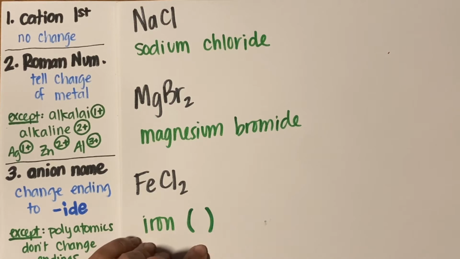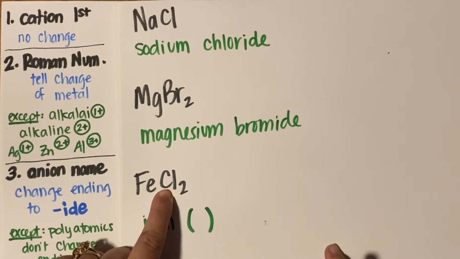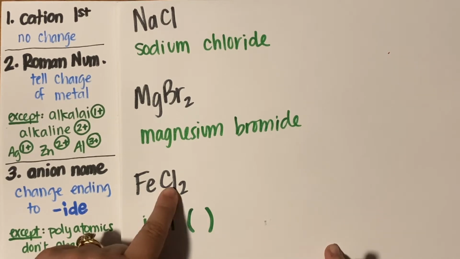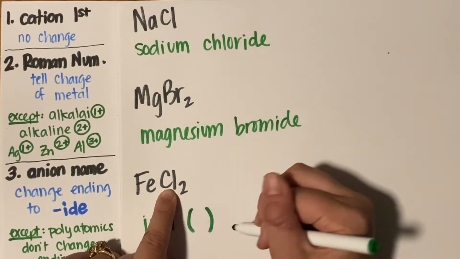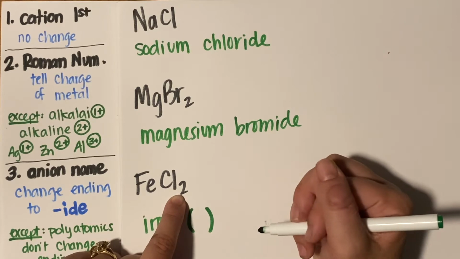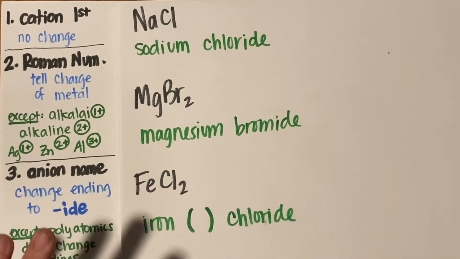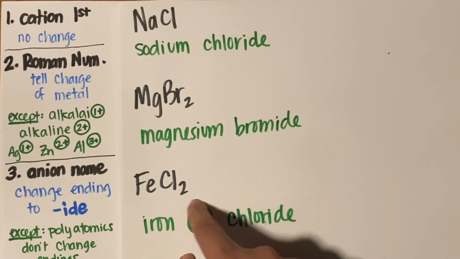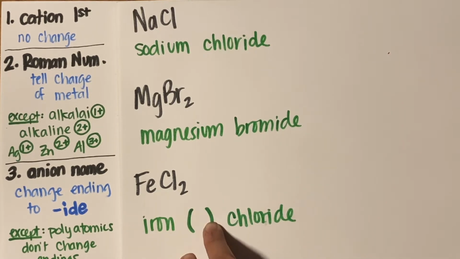Okay, Roman numeral, and then Cl, we'll figure out how to actually solve for what this Roman numeral is. Cl is chlorine, and chlorine is going to change to chloride. Now here's the problem. How do I figure out what number goes in there for the Roman numeral?